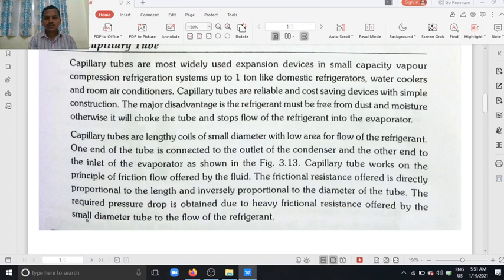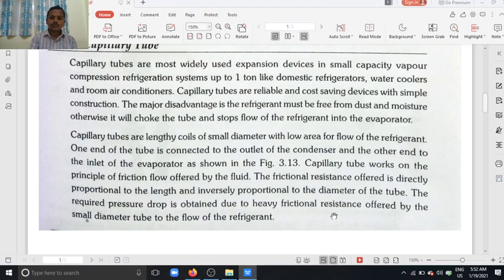As the length increases, the pressure drop increases. As the diameter decreases, the pressure drop also increases.